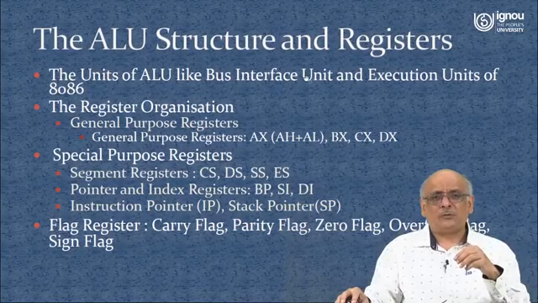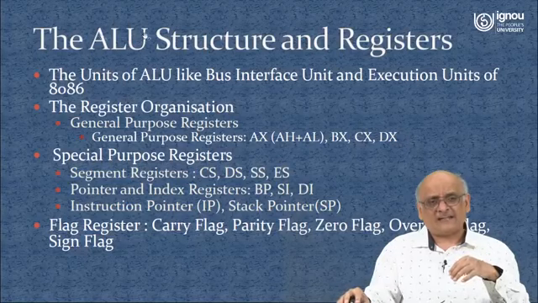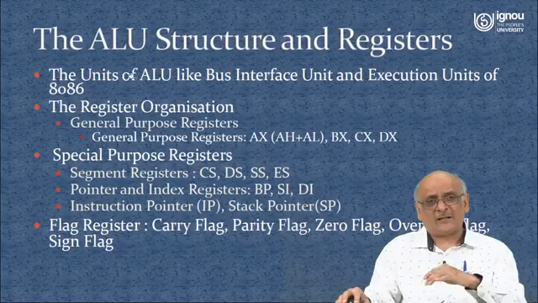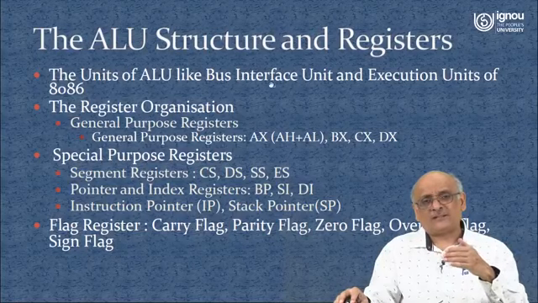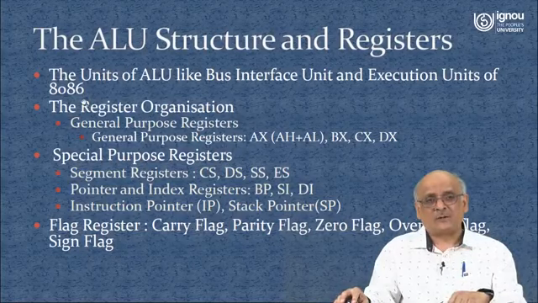So we had two units of the microprocessor, bus interface unit and execution unit. Technically, a microprocessor consists of units which can execute in parallel, like the bus interface unit and execution unit of 8086.